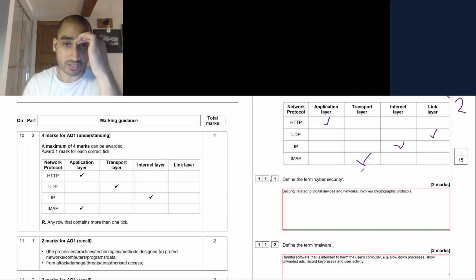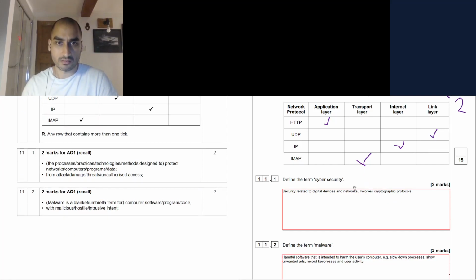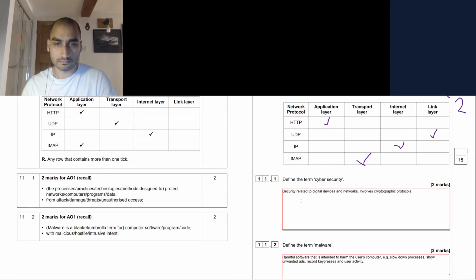Define the term cybersecurity. Security related to digital devices and networks. Protect networks, computers, programs, data.